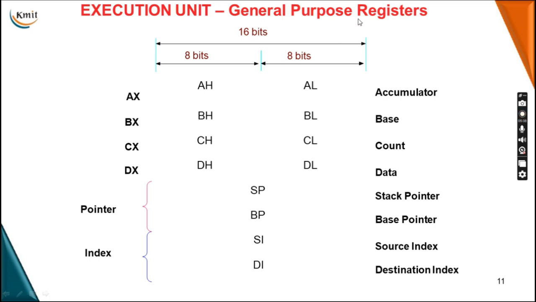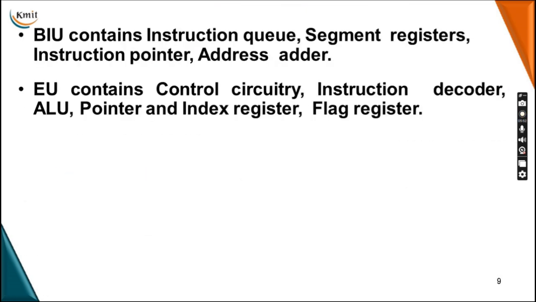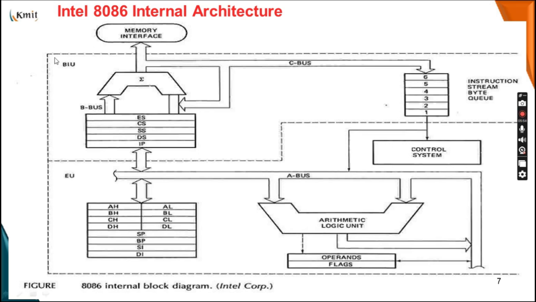Namely, the first one is the general purpose registers. Next are the segment registers, which we have seen here. These are the segment registers, and these are the general purpose registers.